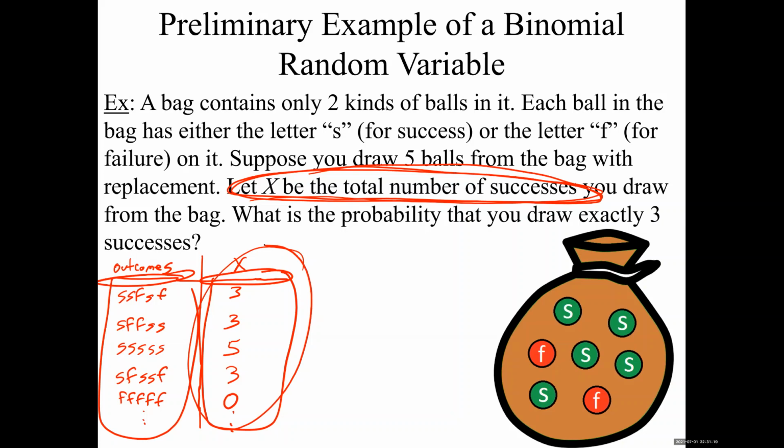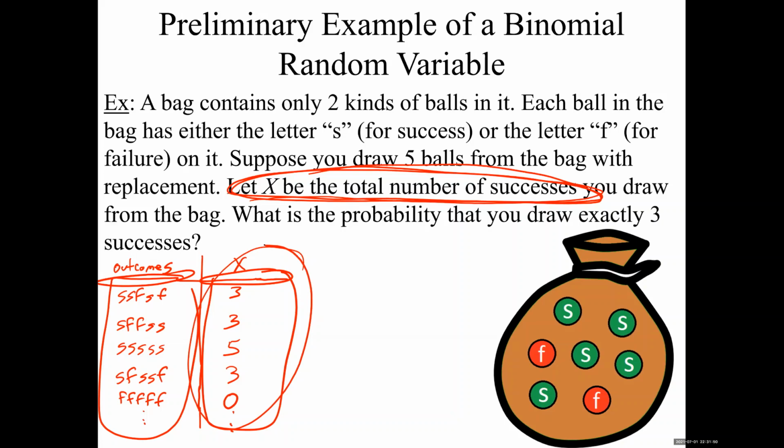Could you get 1 success? Yes. It'd mean 1 of the times you drew a success, the other 4 were failures. Could you get 2 successes? Yeah, you can have 2. What's the highest you can have? 5. Could you get 3.9 successes?